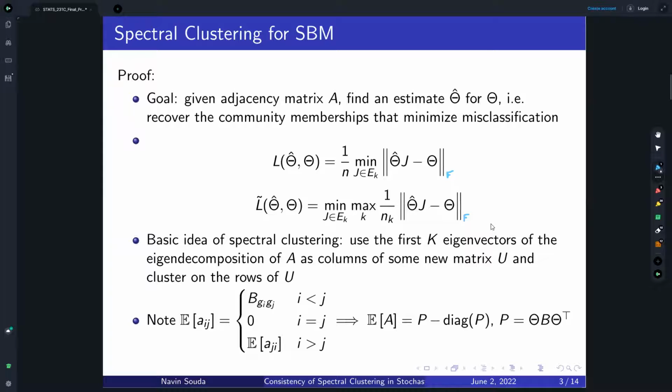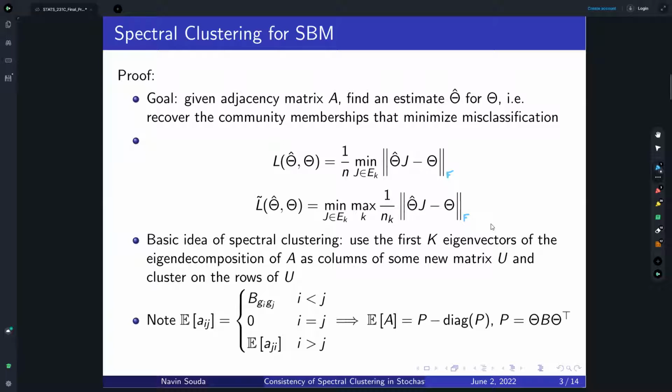It's 0 on the diagonals, that's deterministic. And since this is an undirected graph, our adjacency matrix is symmetric, so the other off-diagonal terms basically get the same thing.